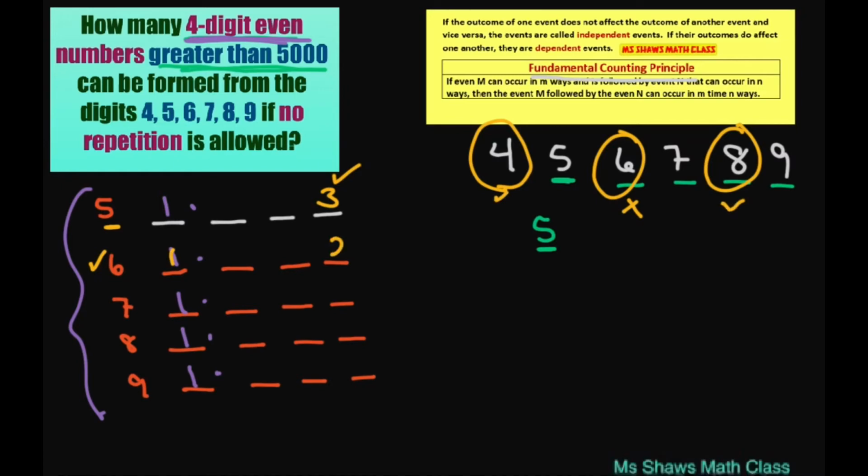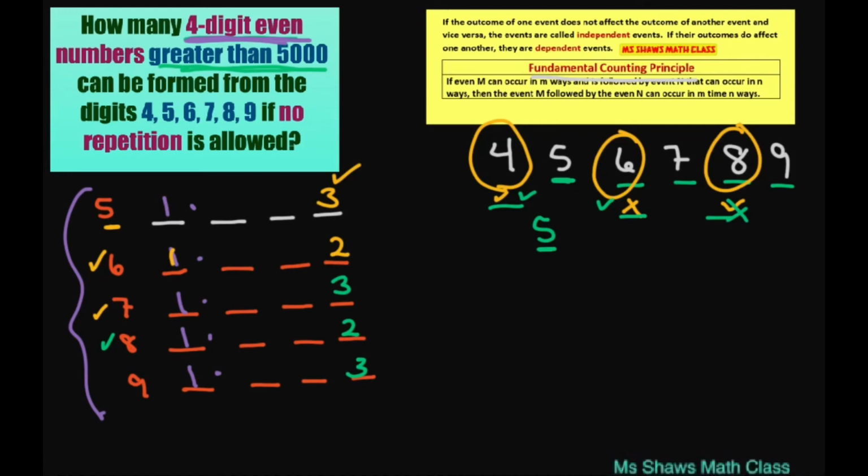For the 7, I still have the 3 choices because 7 is not even. For the 8, that means I only have 4 and 6 I could use, so that's only 2 ways. And for the 9, that's not even, so we had 3.